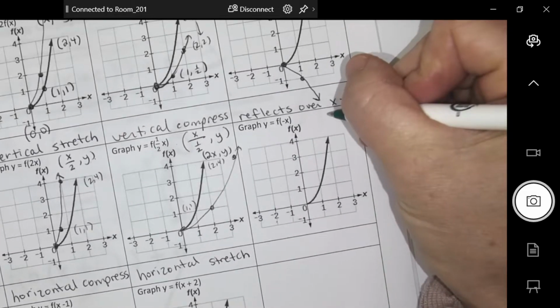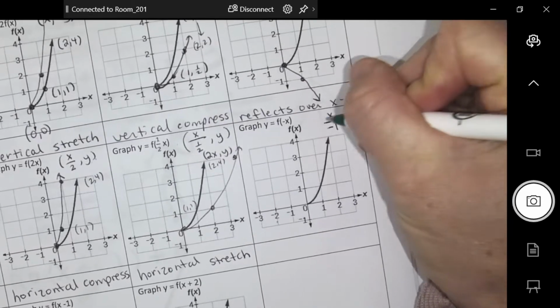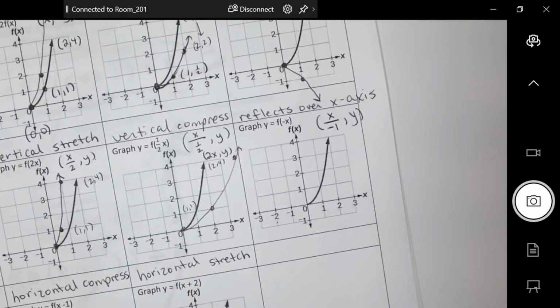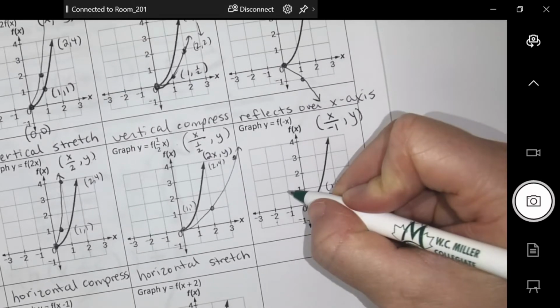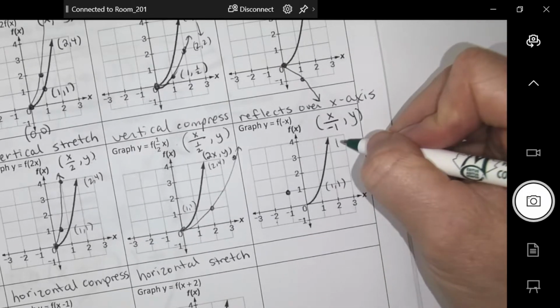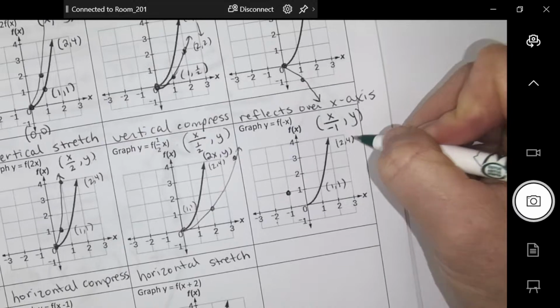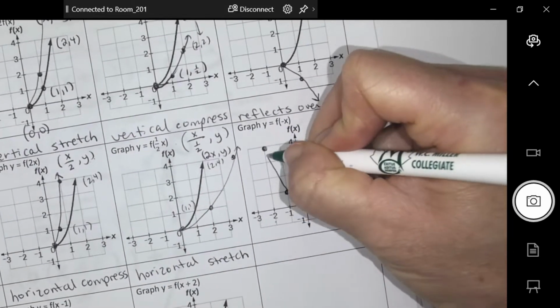Okay, and X divided by -1. Okay, so just negating your X. So 1, 1 will become -1, 1. 2, 4 will go to -2, 4.